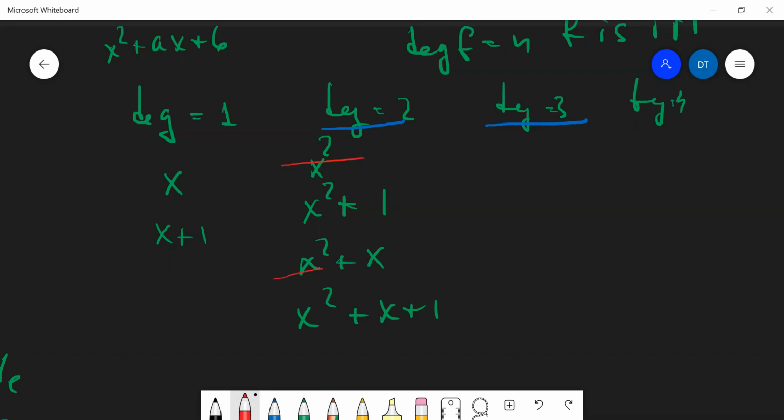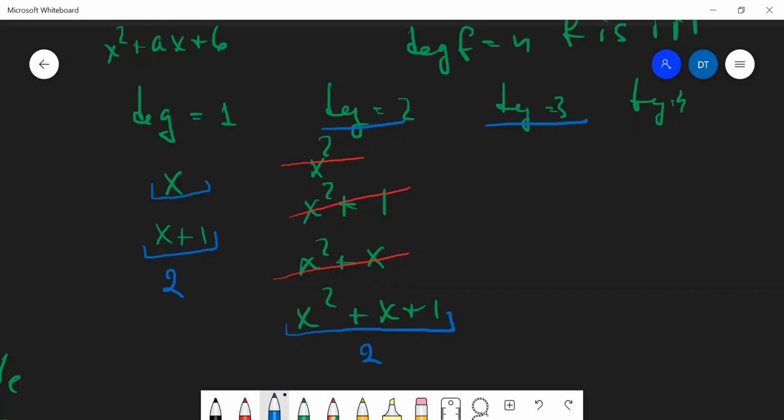X squared plus x also gives 0 if you substitute 0 or 1. And if you substitute 1, x squared plus 1 gives you 0. So the only option here is this. So in degree 1, you have 2 irreducible polynomials. In degree 2, you have only 1 irreducible polynomial for Z2.